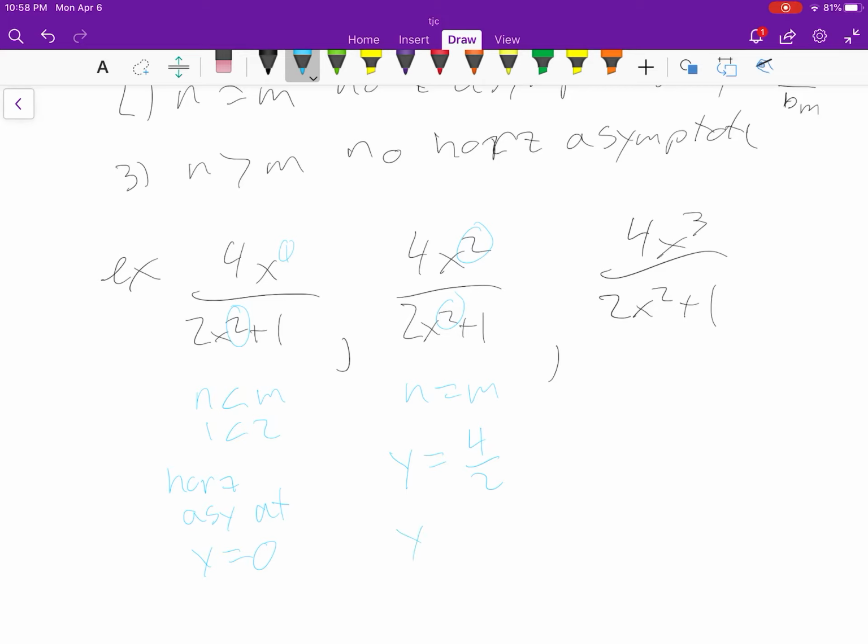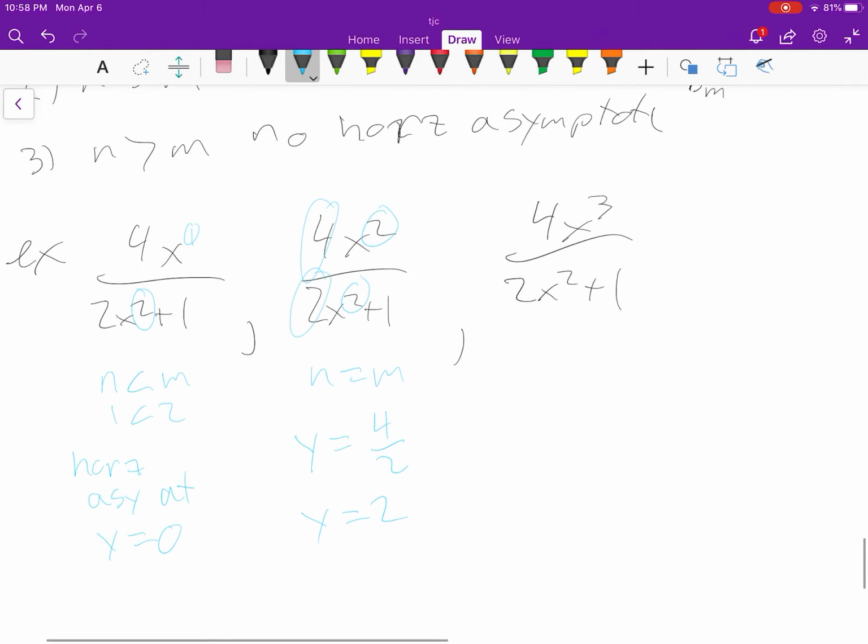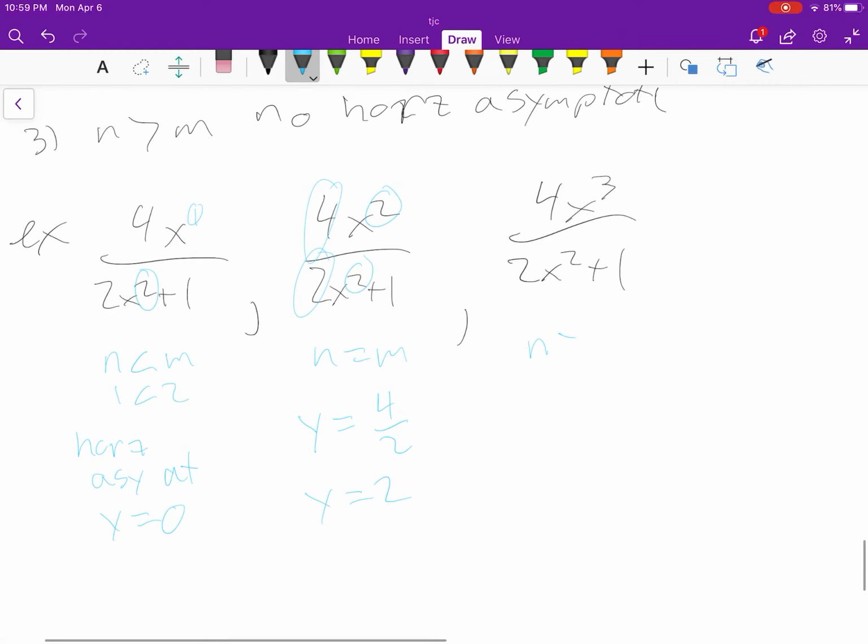So we have a horizontal asymptote at y equals 2. I just took the leading coefficients and divided them. And the last case, n is greater than m, and we have no horizontal asymptote. Okay, so that's simply how it's done.